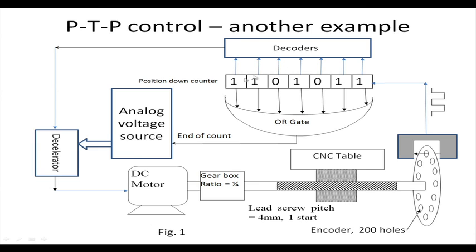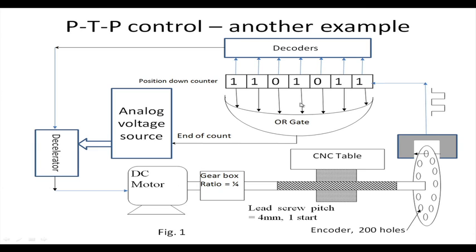What is this decoder and decelerator? When the DC motor is rotating, due to inertia, it cannot be brought to a perfect stop while it is at its highest speed.